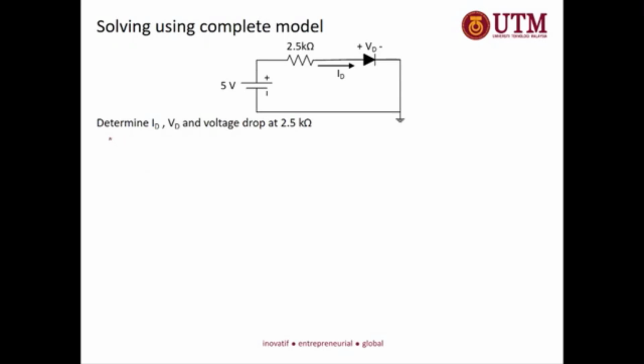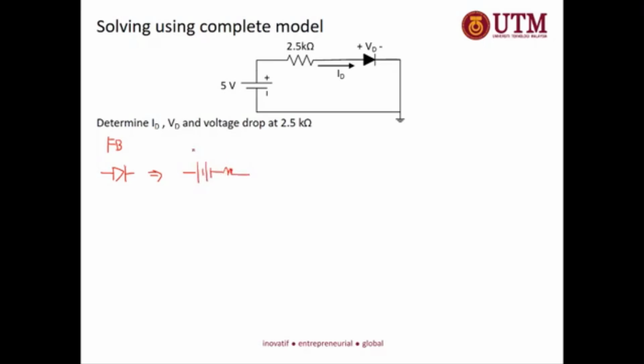Using the complete model, first again, you need to identify whether the diode is forward bias or reverse bias. So this is a forward bias. So you need to replace the diode with a DC source in series with resistance.